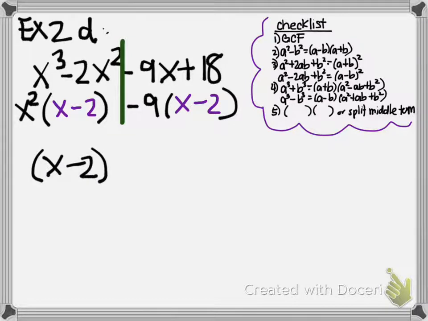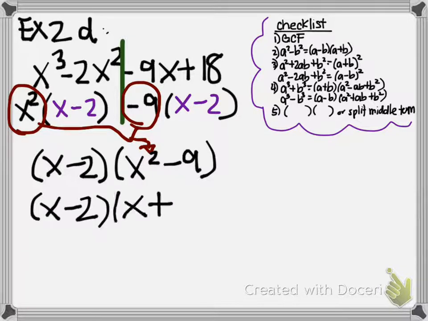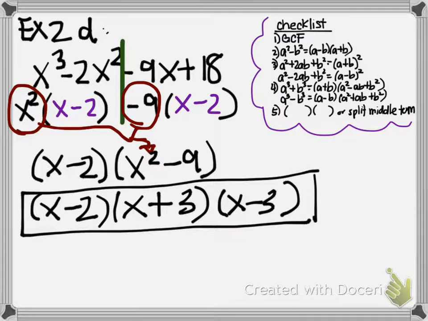We factor that out, and x squared and negative 9 is what's left over, so we write that as one binomial. You also have to check whether that new binomial can be factored, and in this case it follows the difference of two squares. So we write down the x minus 2. This would be x plus 3 times x minus 3, and this would be completely factored.